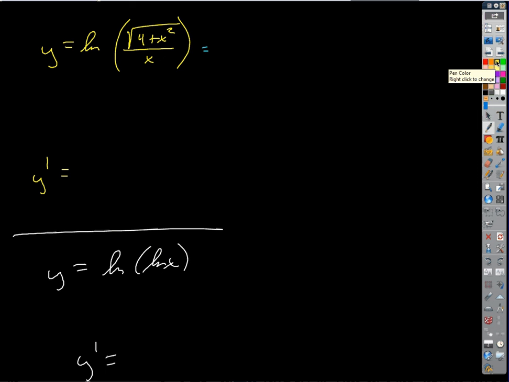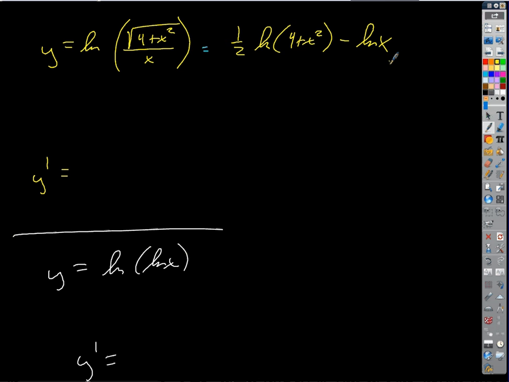If I'm doing the log of a quotient, I've got the log of the top minus the log of the bottom, right? What's the log of the top going to be? 1/2 natural log of 4 plus x squared, everybody agree? Okay. Minus log x.